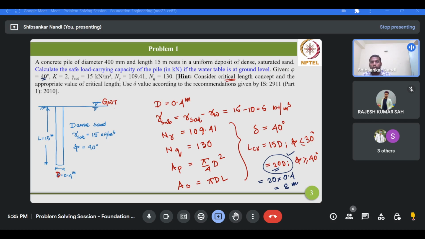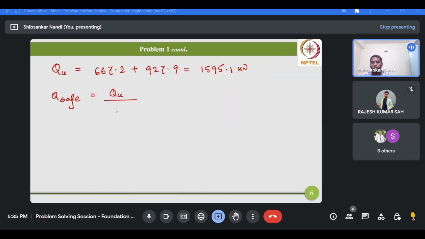Now what would be the value for the factor of safety? What is the recommended value of factor of safety to calculate the safe load carrying capacity? This is nothing but 2.5.